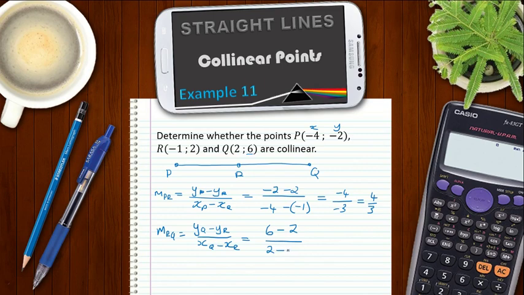To simplify this, we have 6 minus 2, so that's 4 over 3. And now as you can see, the gradient of PR is 4 over 3, and the gradient of RQ is 4 over 3. So therefore, the gradient of PR is equal to the gradient of RQ, and therefore the points P, R and Q are collinear.